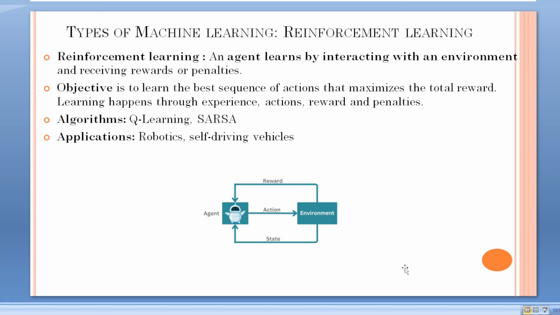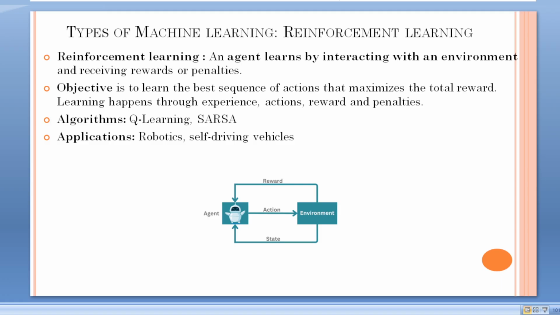The third type of machine learning is reinforcement learning. Reinforcement learning is somewhat between unsupervised learning and supervised learning. In reinforcement learning, an agent learns by interacting with an environment and receiving rewards or penalties. As you can see in the diagram below, whenever the agent performs an action in any environment, it may get a reward or a penalty.